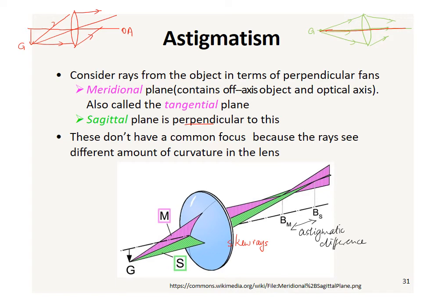Whereas the skew rays, or at least the sagittal rays, look like in this first diagram, then the edge on of that sagittal plane looks like that. The meridional and the sagittal rays see a different focal length, and we'll shortly see why that is.